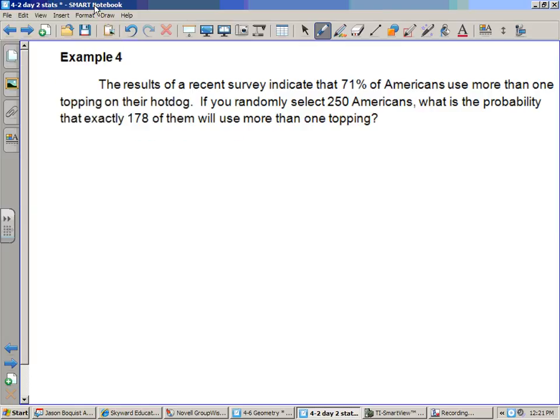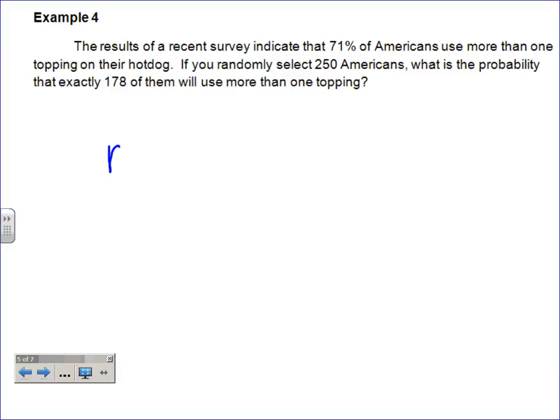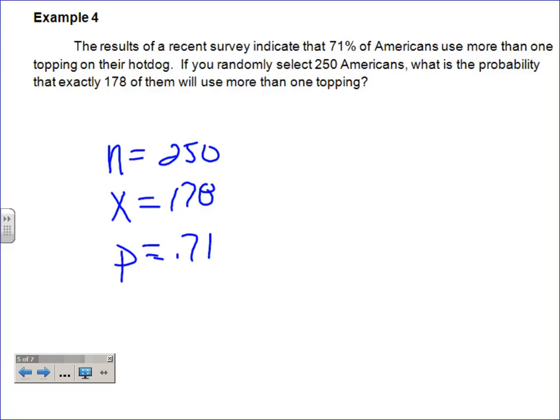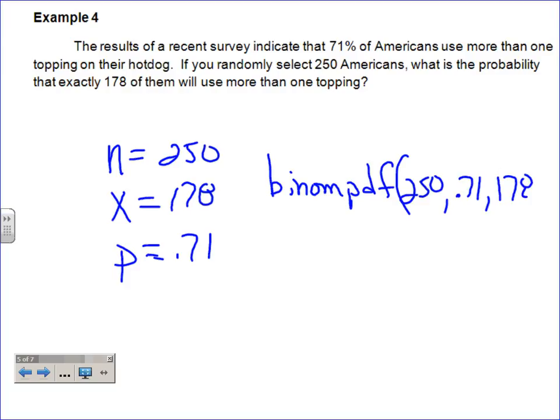All right, what do we got here? What are our parameters here? N? 50? X? Remember, that's the random variable right there. And 0.71. And you type that in, so it would look something like this. To save us time, I'll just do it like this. 250, comma, 0.71, comma, 178.